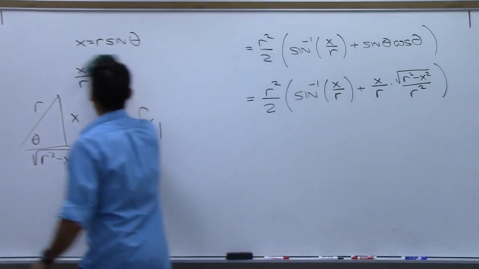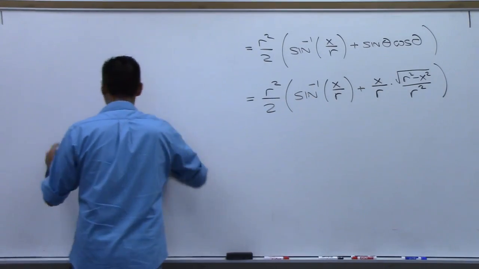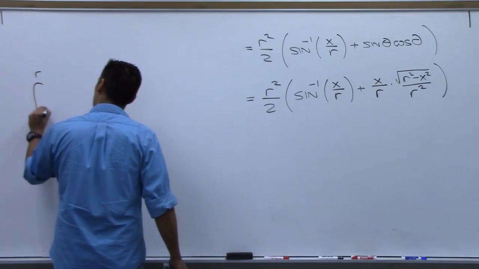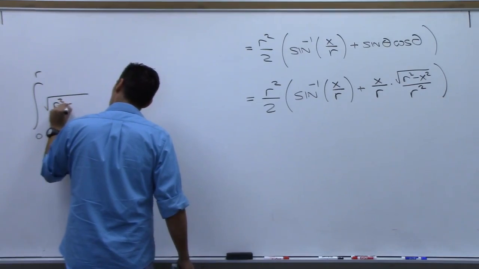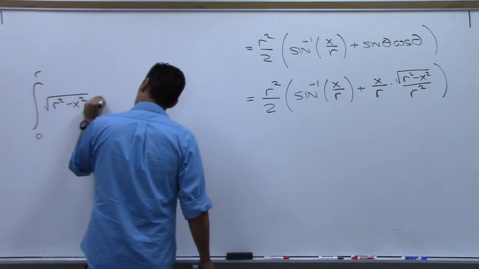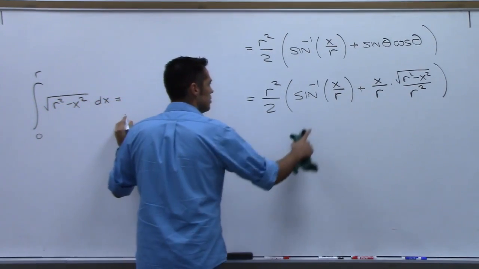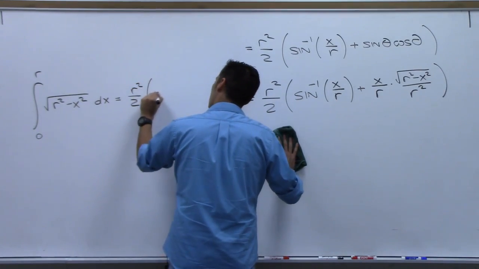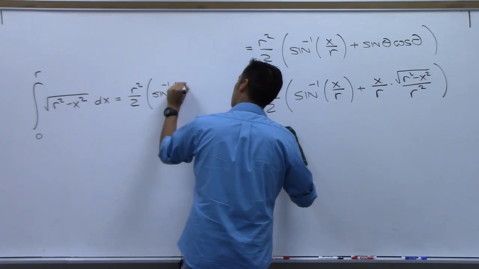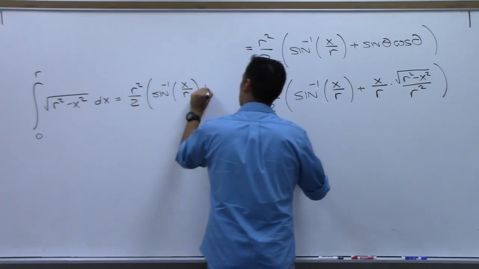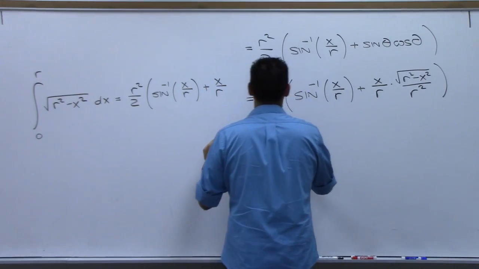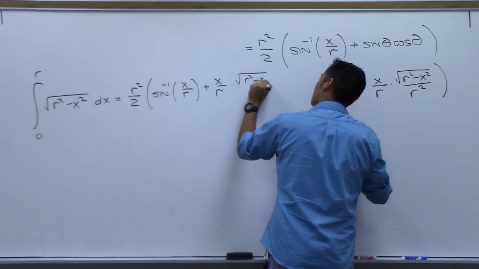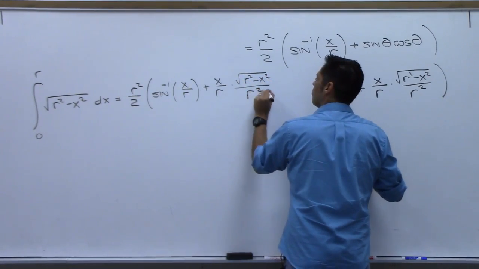Okay, so the original integral that we were trying to figure out was the integral from 0 to r of the square root of r squared minus x squared dx, and we got that that was equal to this: r squared over 2 times arc sine of x over r plus x over r times root r squared minus x squared over r squared.